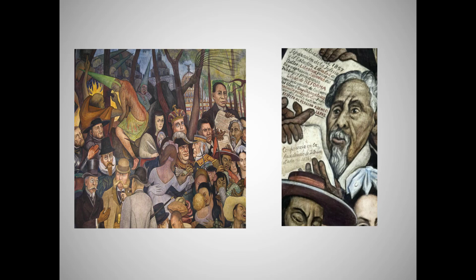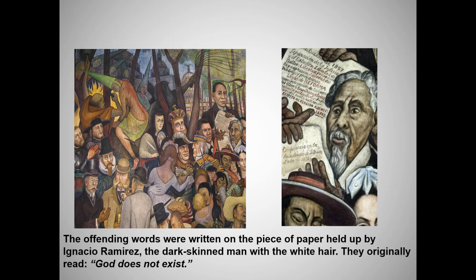When the picture was completed in 1948, a furious fight broke out over one detail, a small historical text dating from the 19th century bearing the words, "God does not exist." The fresco was destined for the dining room of the new Hotel del Prado, but the Archbishop of Mexico, the guy I circled in the previous slide, refused to bless the building until the blasphemy was removed.